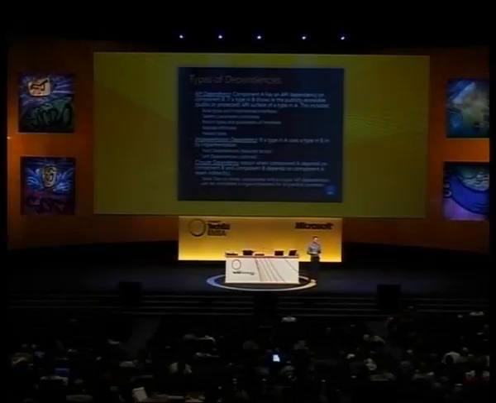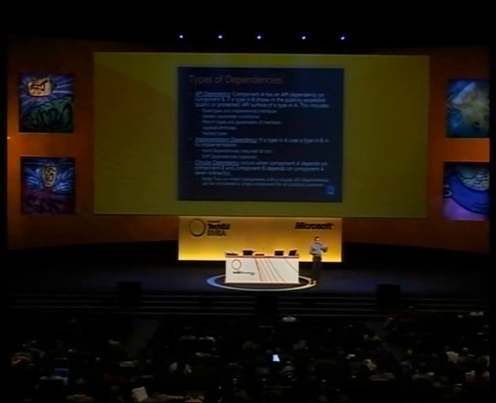Hard dependencies are: my method will not run if I don't have the dependency. Soft dependency is an optional dependency. One thing to also keep in mind is if you have a circular dependency between two components, component A depends on component B, B depends on A, or maybe indirectly through C depends on A, for all practical purposes, you end up with a single component.